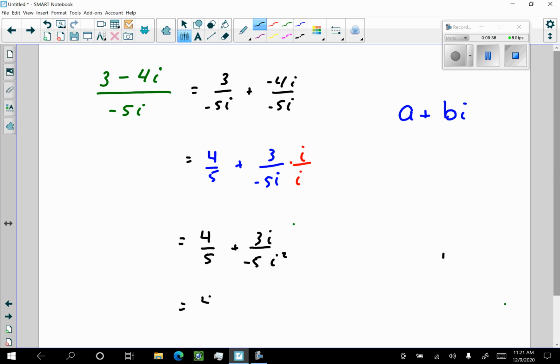So this is going to end up 4/5. -5 times -1 is 5, plus 3/5 i, positive. So that's another example for that. Pretty good example. I have to look at that one a couple times, or pause the video and write it down. Rewatch the video.